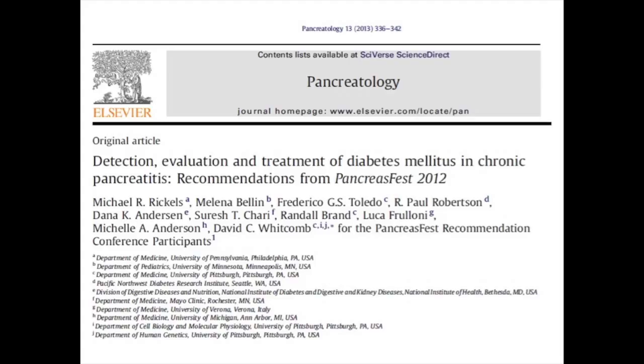And this consensus conference also focused on how to differentiate type 3C diabetes from garden variety or more prevalent type 2 or type 1 diabetes.